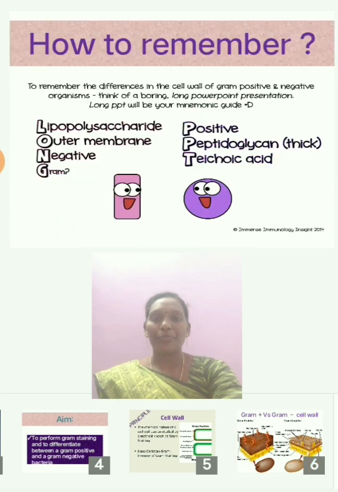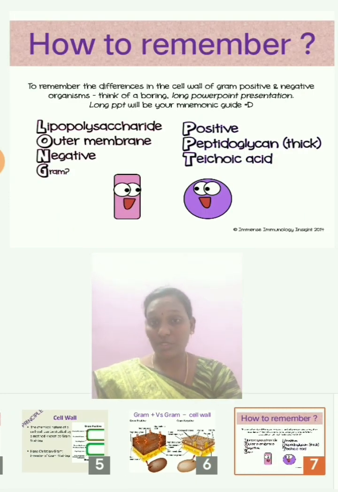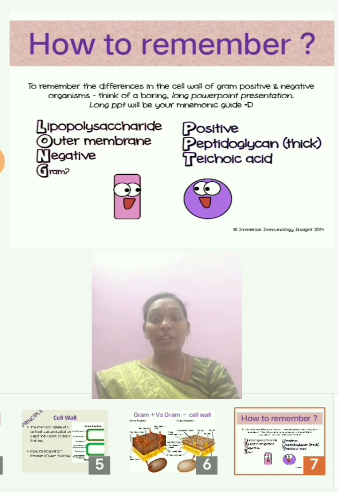So how to remember? Usually we get confused, right? We usually confuse the composition of a gram positive and a gram negative cell wall, or we confuse how to differentiate both. So how to remember?